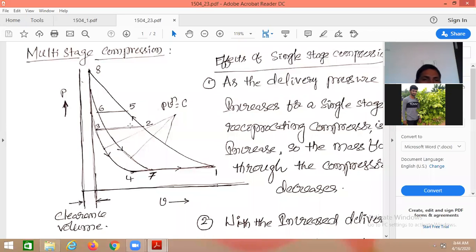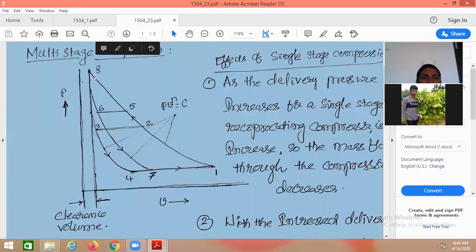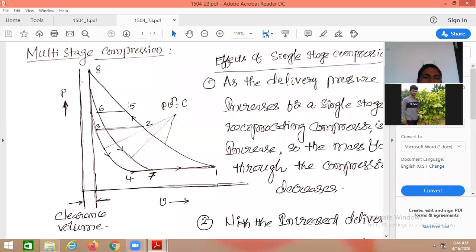Let us suppose that corresponds to 2 to 3. In the next stage we are compressing to 6 bar, which may be the pressure line corresponding to 5, 6. In the third stage we are increasing to 8 bar, corresponding to state point 8. On increasing the pressure, what will happen?